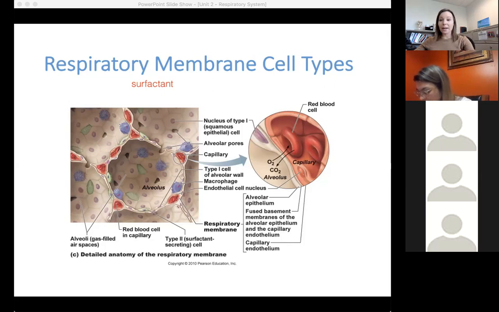One more thing, the alveolar macrophages are the last type of cell in the alveoli. Remember, we talked about macrophages with the lymphatic system. Macrophages are big phagocytes. Remember what phagocytes do? They surround and destroy any foreign material, pathogens, or bacteria that may have gotten into the lungs.